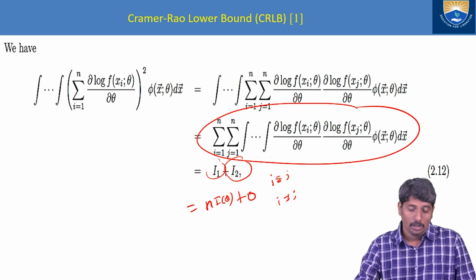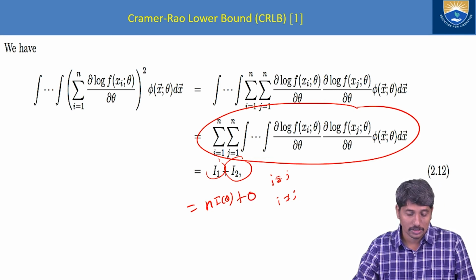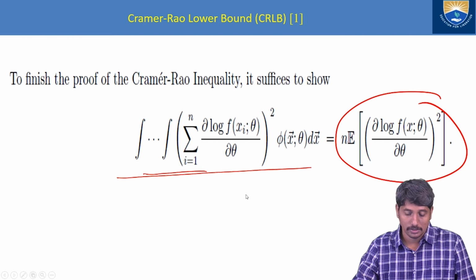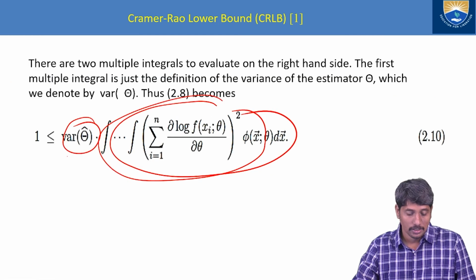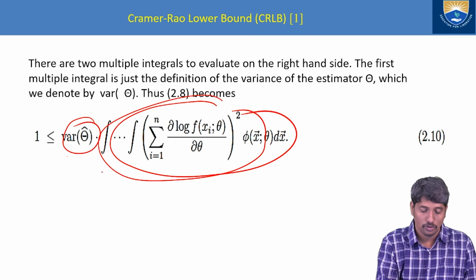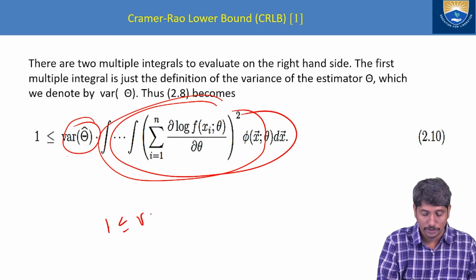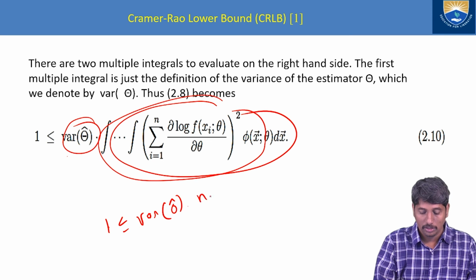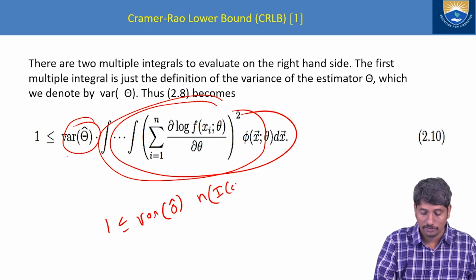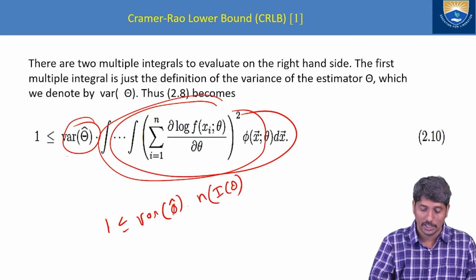And about the LHS, what do you say? The LHS gives 1 less than or equal to variance of phi cap into n into I of theta. That is what we arrived at.